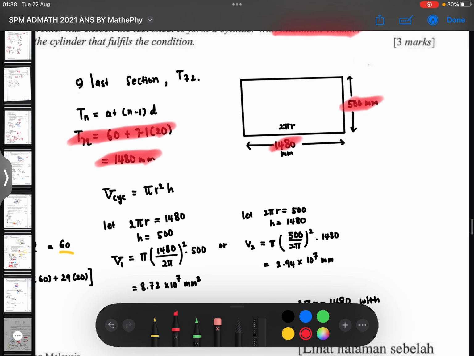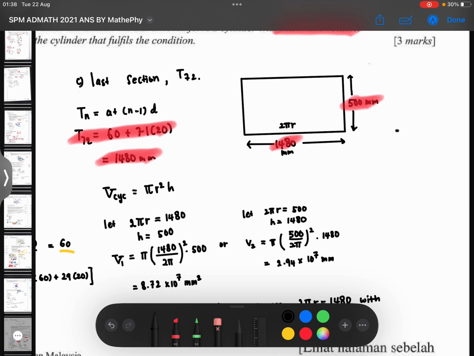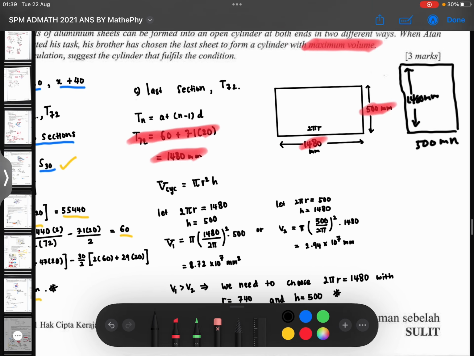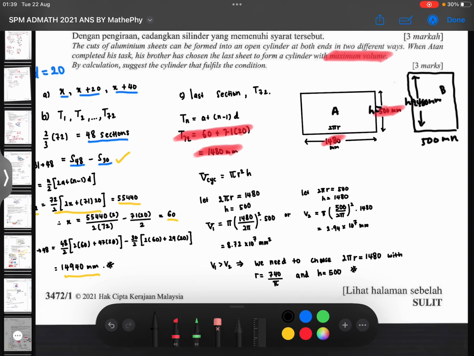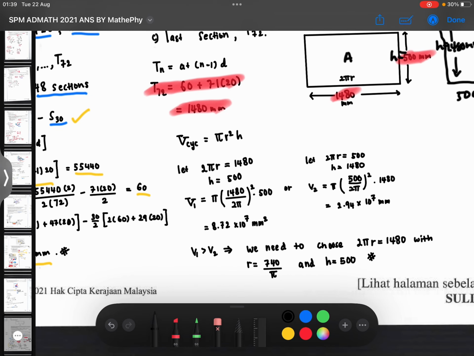But it can also be like this: the length is 50 millimeter, and then the height is 1480 millimeter. So yeah, it can be like that. So this is height. So which favors the maximum volume? Is it A or B? So that's why I do trial and error.